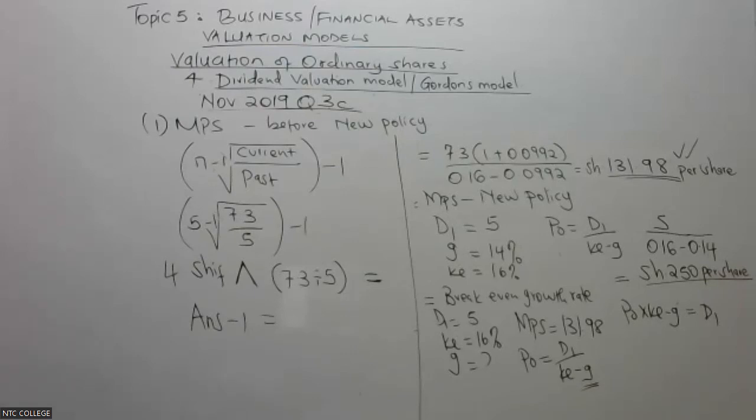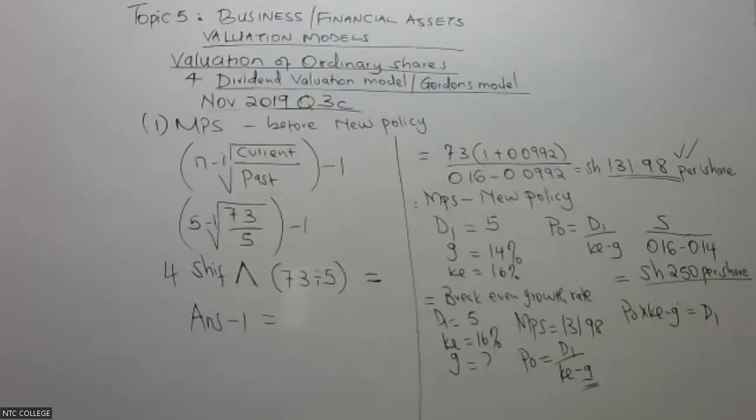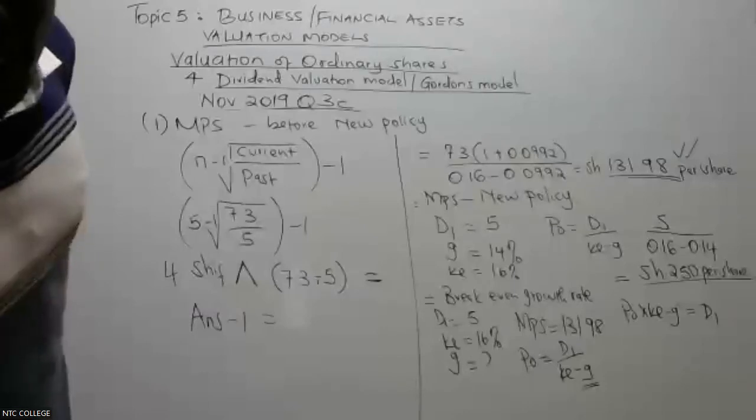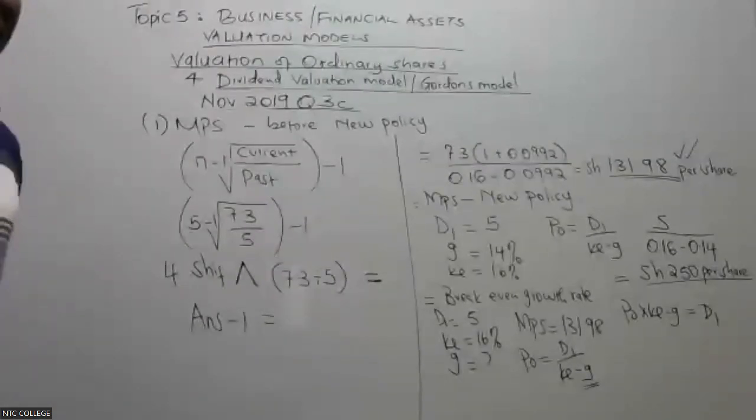It's an equation, so you are making G the subject of the formula. Are we okay?